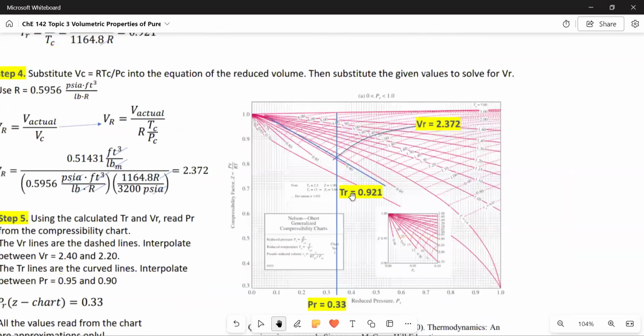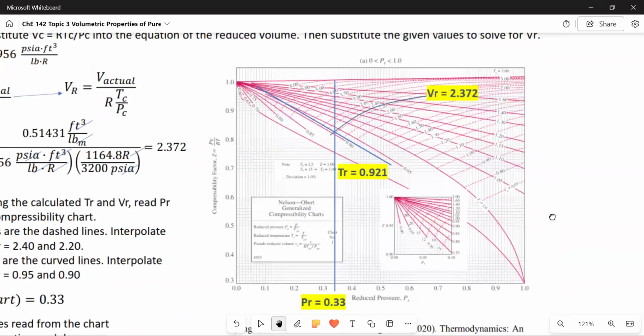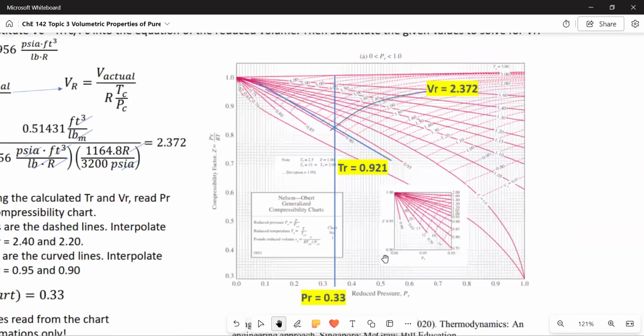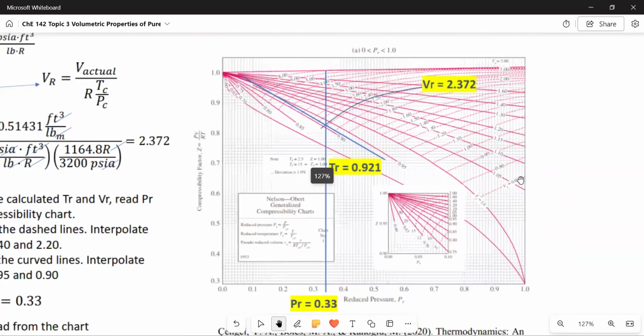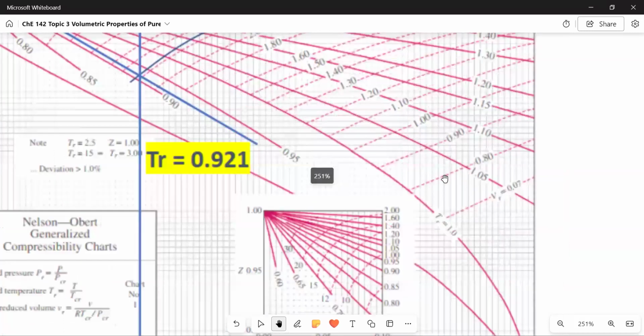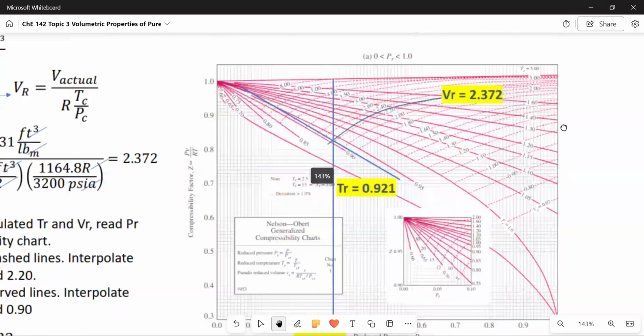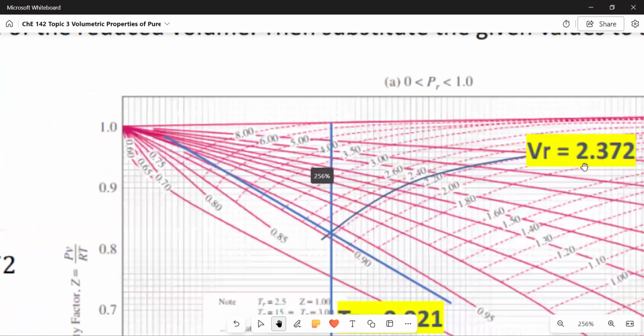Now, I thought that the compressibility chart is just PR and TR. If you zoom in, actually the dashed lines here are isochoric lines. So these are constant volume dashed lines. So we look for the one with VR equal to 2.372, and that's about here.